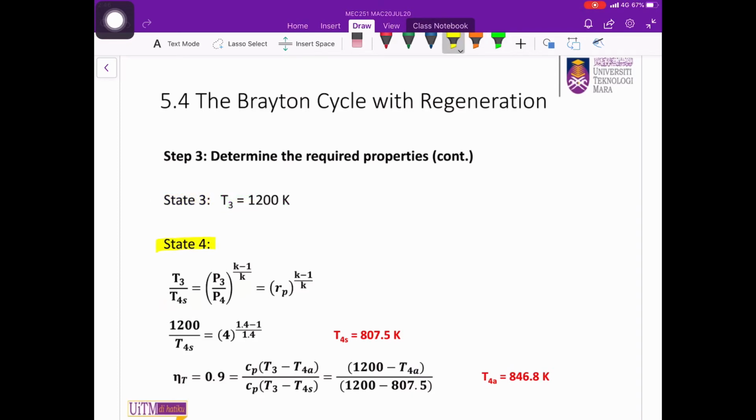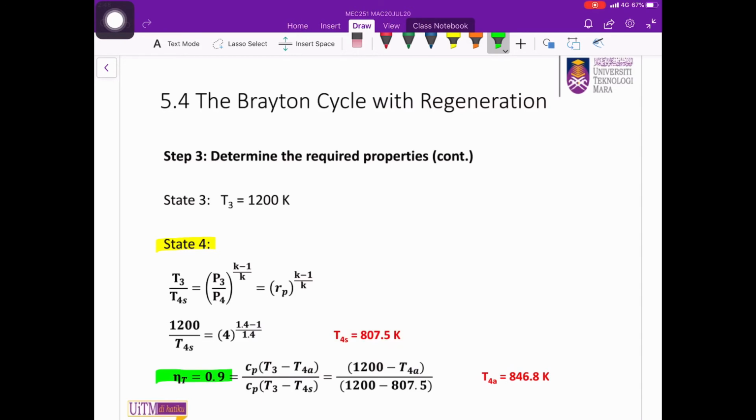For state 4, we are going to use the isentropic relation between the temperature and pressure to find the temperature at state 4. Note that P3 over P4 is equal to the pressure ratio. From the isentropic relation, we get T4S equal to 807.5 Kelvin.